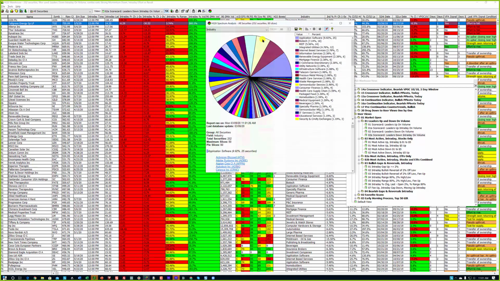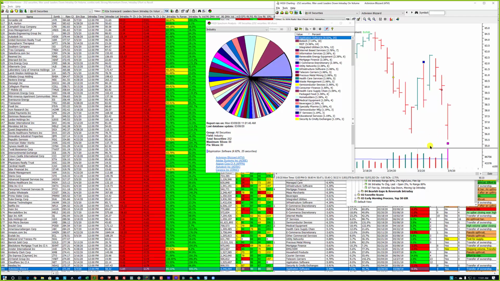Let's just take a look at this. Now, pretty hard to tell. I mean, there's a lot of groups in there, but it looks like the application software is a group that's getting hit the hardest. Let's do this. Well, okay, but here's a contradiction, right?